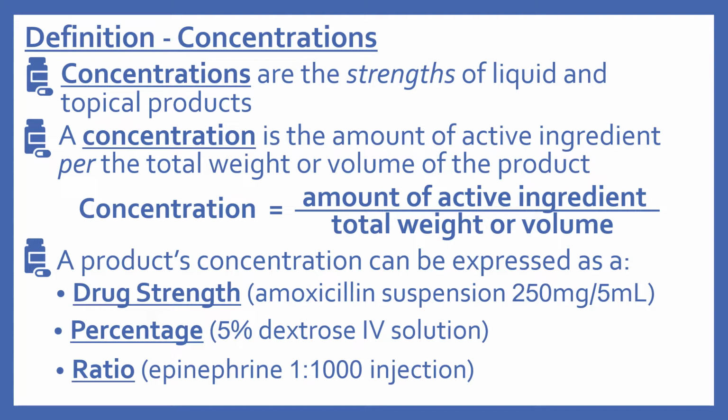Or it can be expressed as a ratio, something like epinephrine 1 to 1,000 injection. The drug strength and percentage are the more common ways a product's concentration is expressed. Ratio is not as common, but we're going to talk specifically about each of these now.